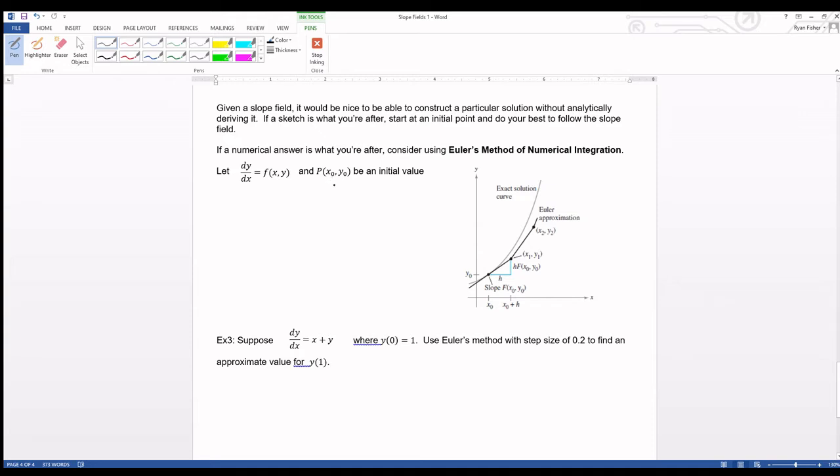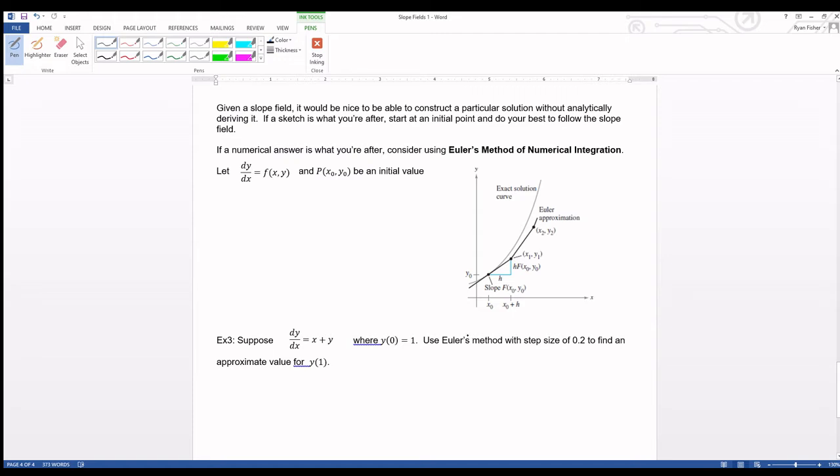Call it x naught and y naught, which is represented here. So Euler's thought for how to do my best to follow what the curve should be is the following. We start at this coordinate x naught, y naught, and then we're going to get successive new coordinates in this way.